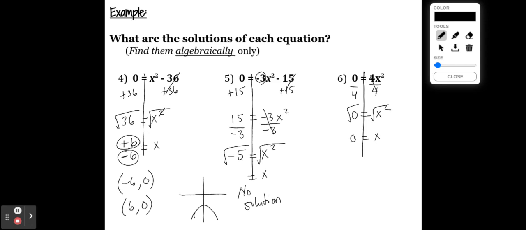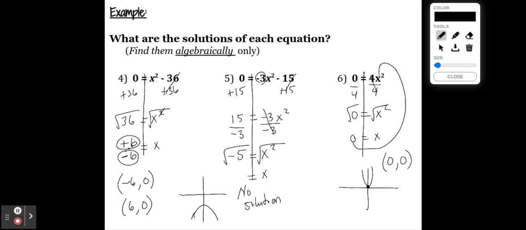And so that would mean it's only going to touch the x-axis right here at the vertex. So it's going to look something like this. Okay, so we got 1 solution. And in this case, this solution would end up being 0, 0. Because think, if you took this x equals 0, plugged it back up into here, the y would also be 0. So we got 0, 0 there.